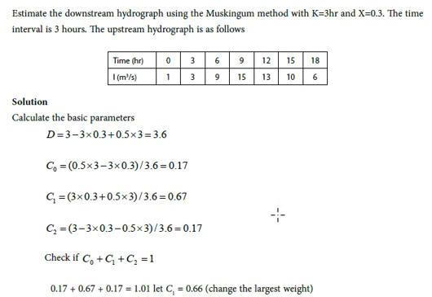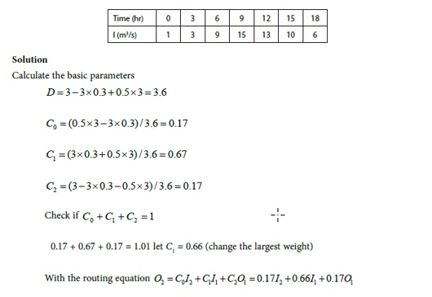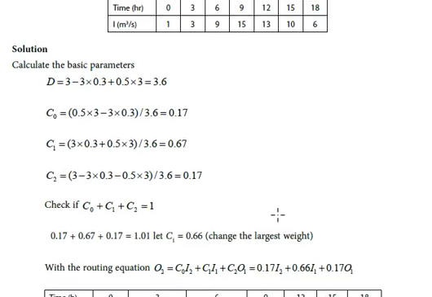The check is pretty simple. We will add the three coefficients and make sure that they are equal to 1. The sum is equal to 1. If the sum is not equal to 1, we will reduce the larger of the three values accordingly.